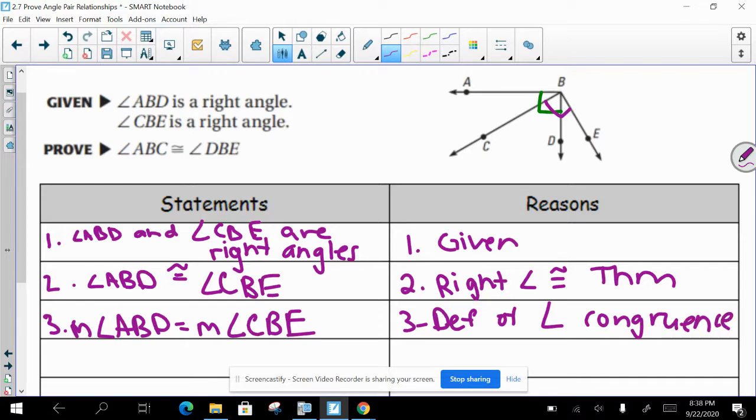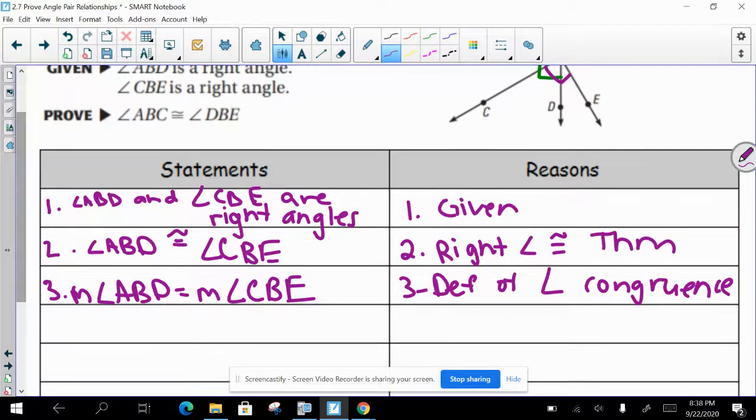Since we're trying to prove that ABC is congruent to DBE, that parts of this right angle are congruent, we are going to use the angle addition postulate to help us separate the two angles from the right angles. In order to use the angle addition postulate, we have to use measures, since you're adding the measures of angles. So we want to go from congruence to equality for a minute, and then at the end we'll go back to congruence, since that's what we're trying to prove, a congruence statement.